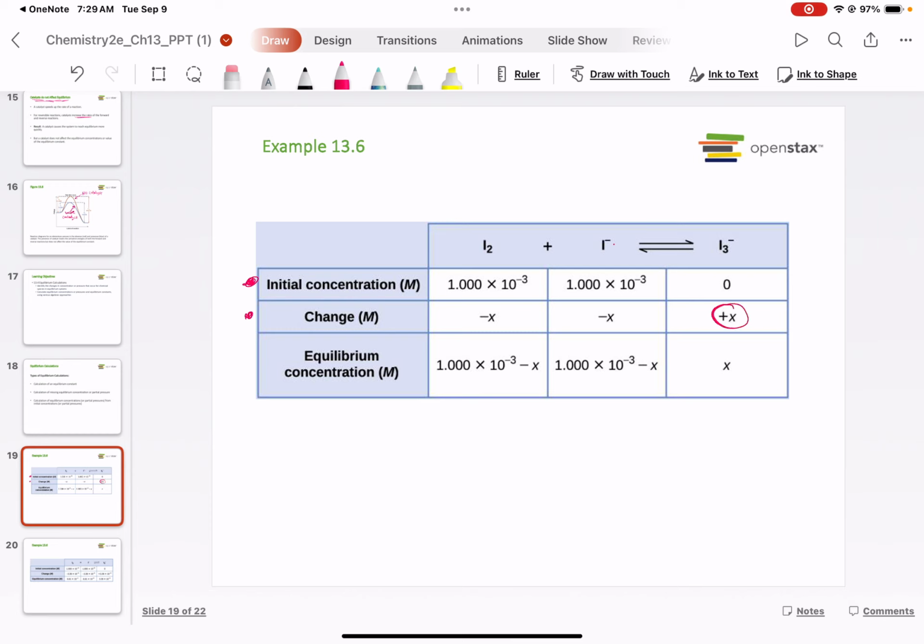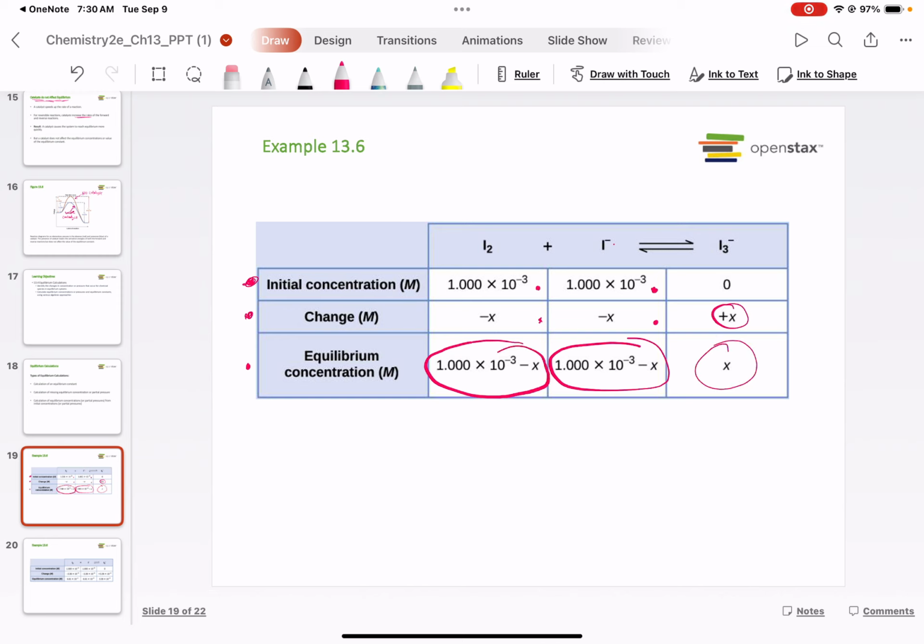So at equilibrium, it's always initial minus how much is used up, to give us the remaining, and that's how much product forms.